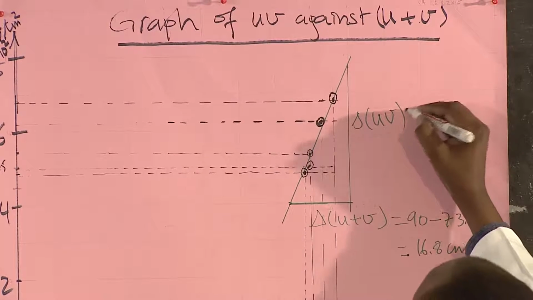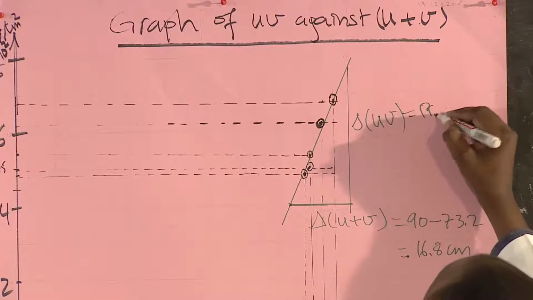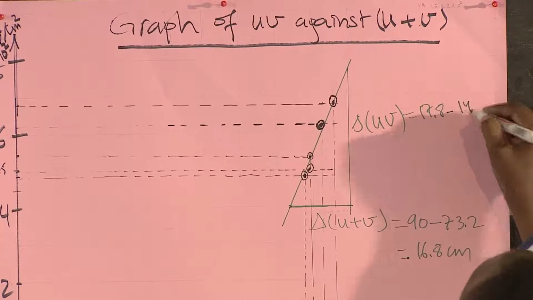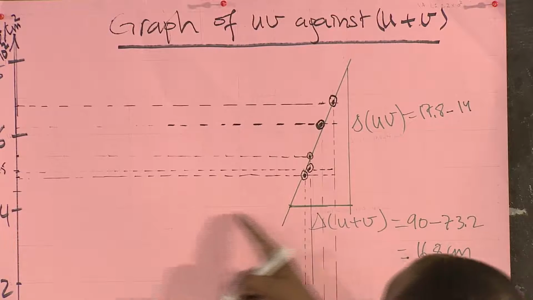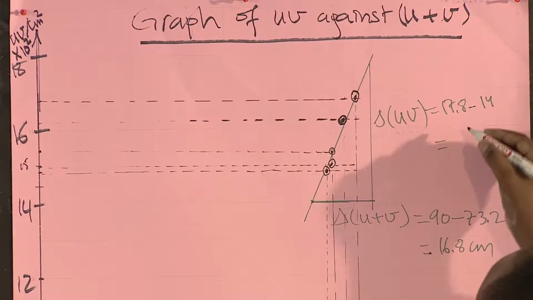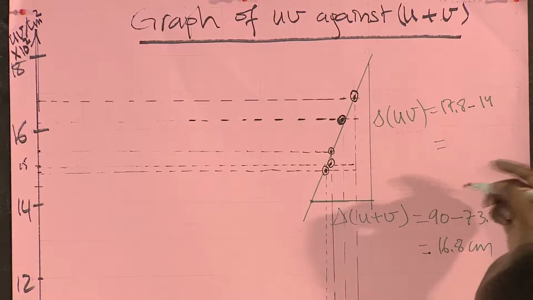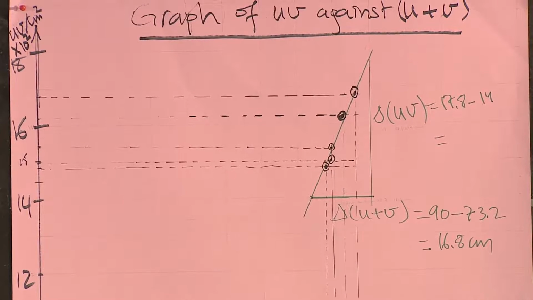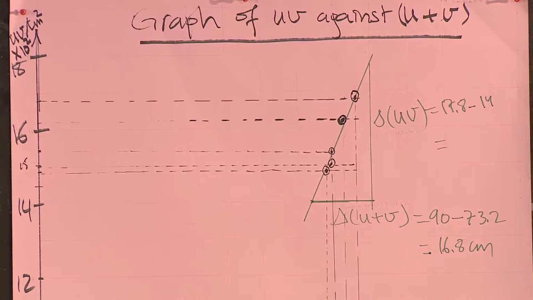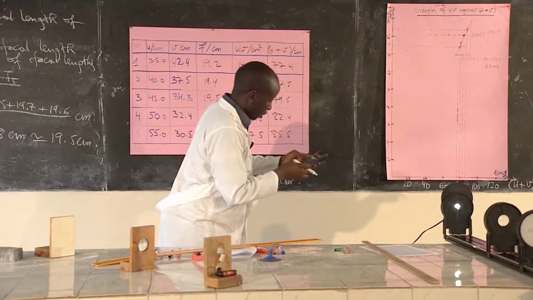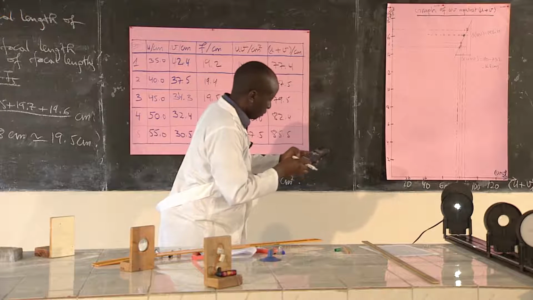Fine. Then here it is going to be 17.8 minus 14, because this is 14, and then here we end up having now, we just subtract. And then what do we find here? It is simple. Then there we have 17.80 minus 14.